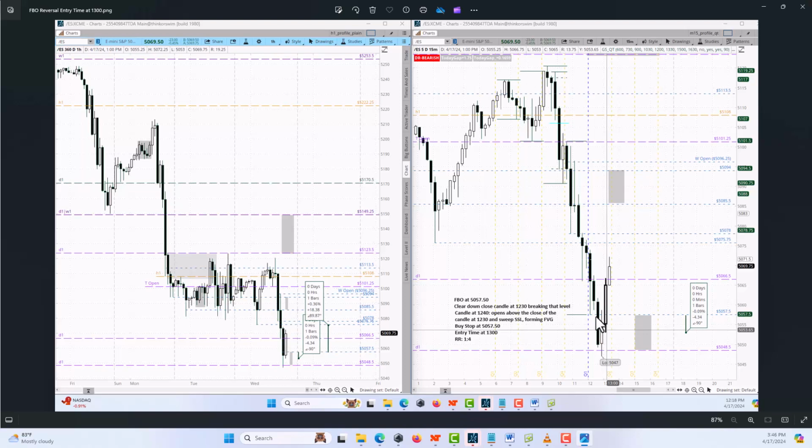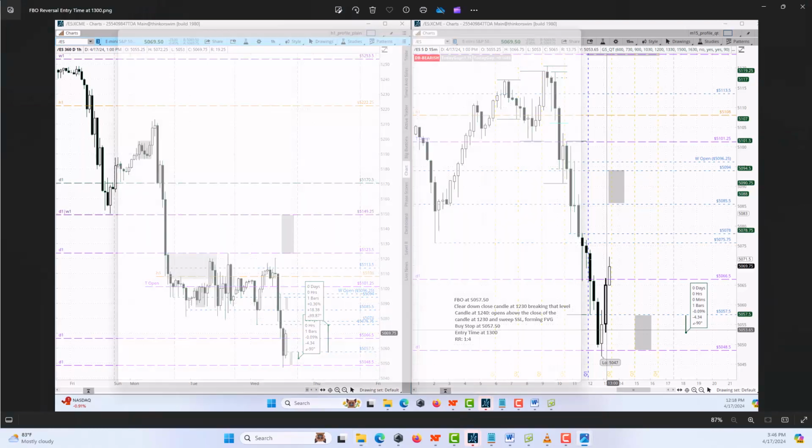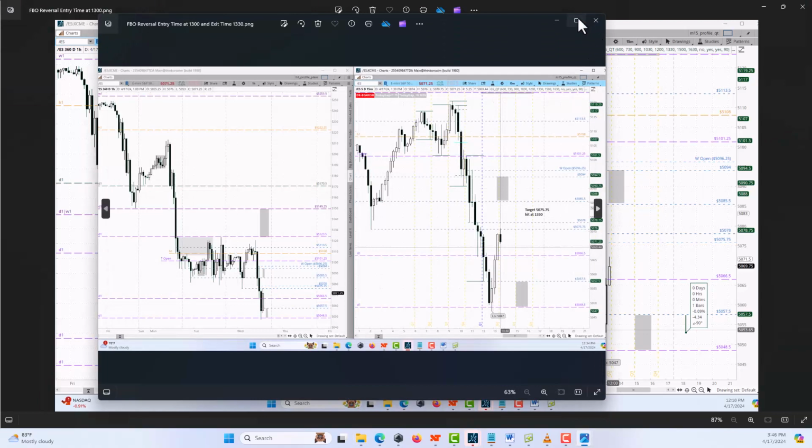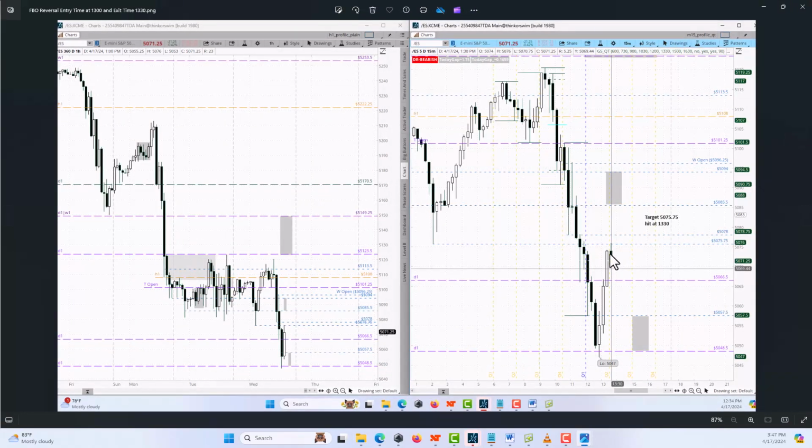We put a buy stop right here at this level, and we check the target at this level, 50.78, 50.78 right there, and it did hit that target. You see, it hit the target right there.